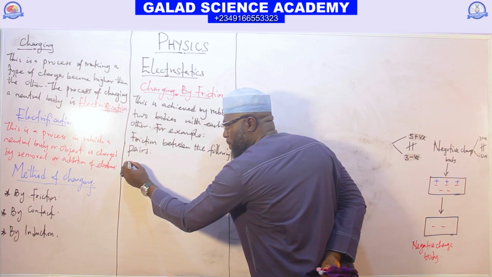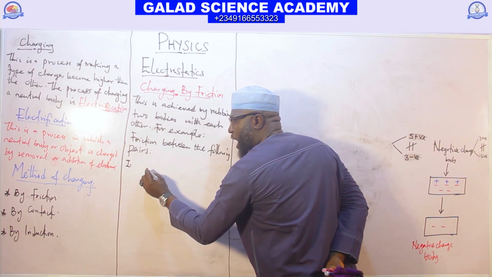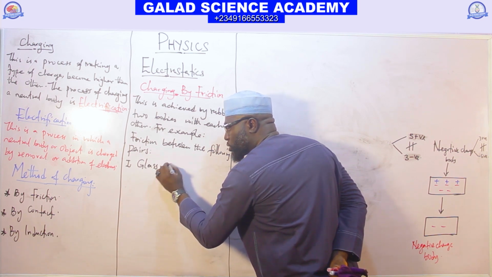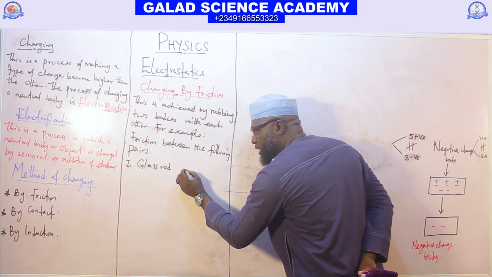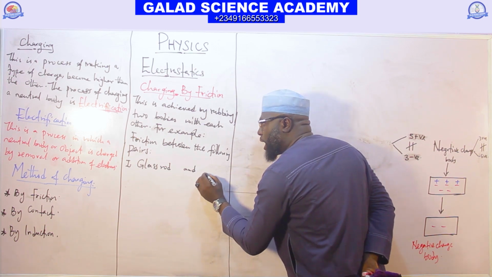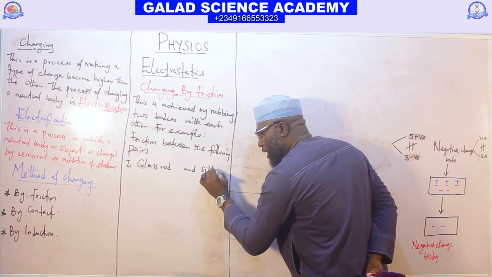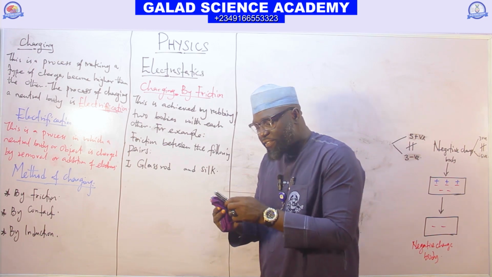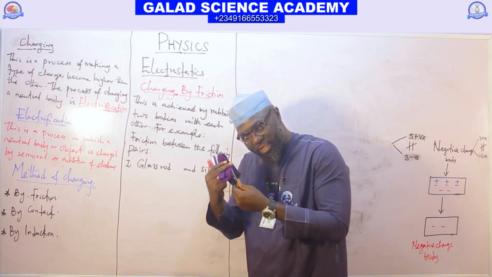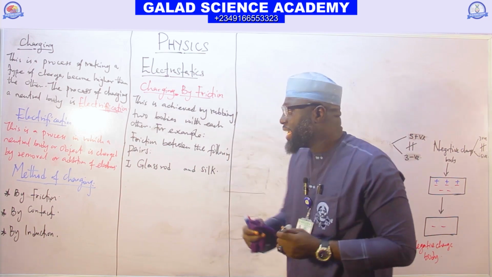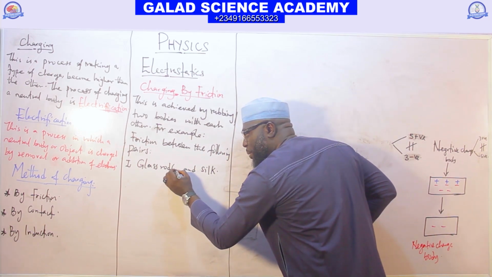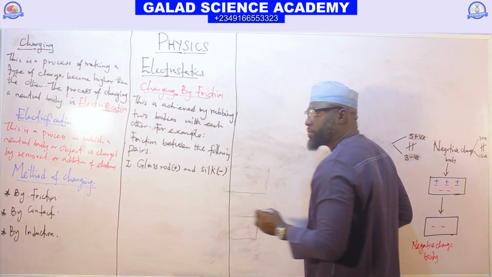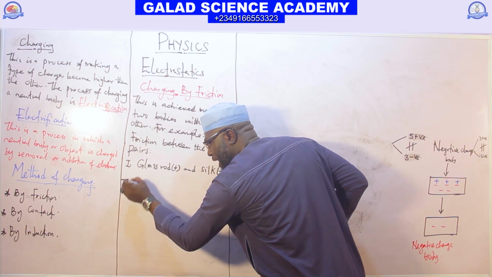One: if you rub a glass rod with a stick. Assume this is a glass rod. If I'm rubbing a glass rod with a stick like this, after rubbing, the glass rod will acquire a positive charge. The stick will acquire a negative charge.